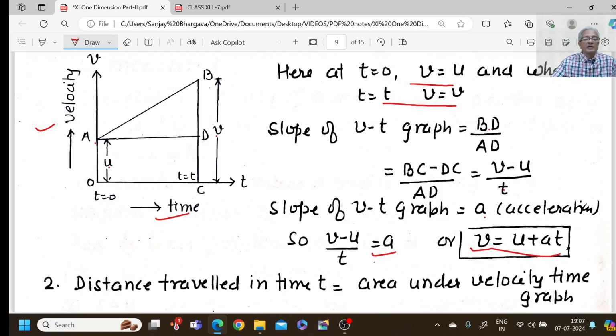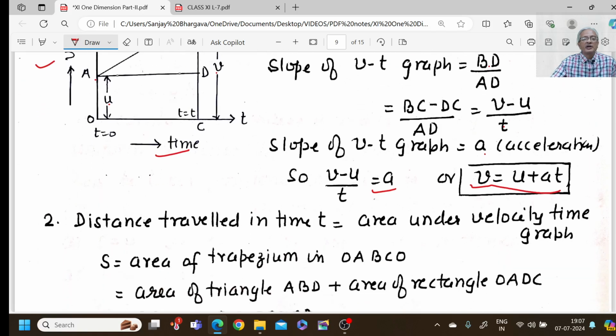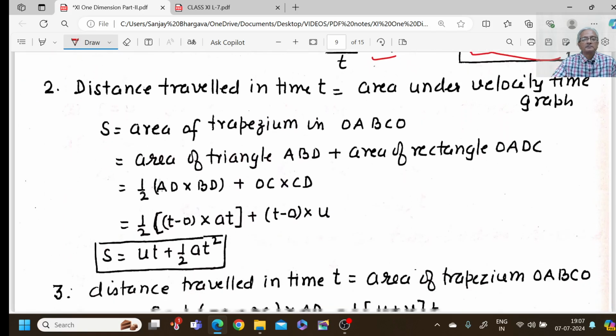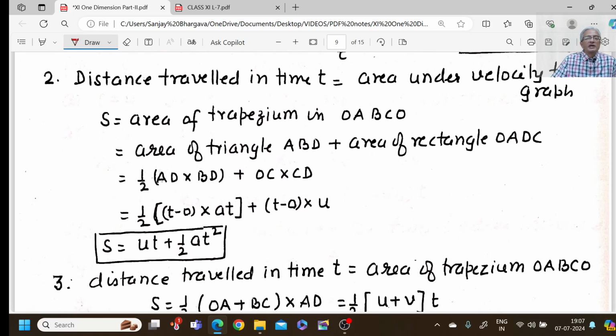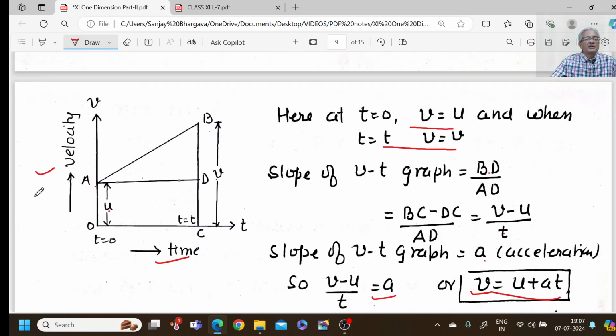Now I need to calculate the distance that would be traveled in time t. It would be equal to the area under the velocity-time graph. Now just look at the velocity-time graph. This is AB. The area under this curve is equal to the area of the triangle plus the area of the rectangle.